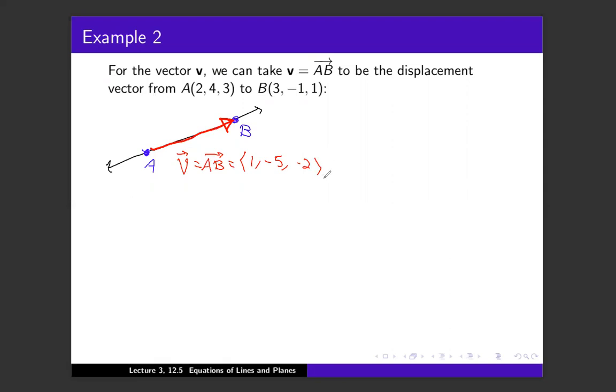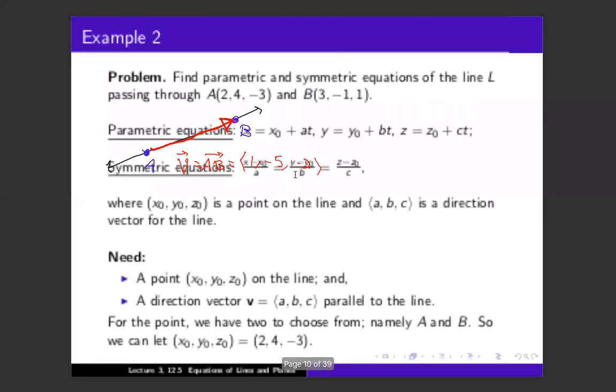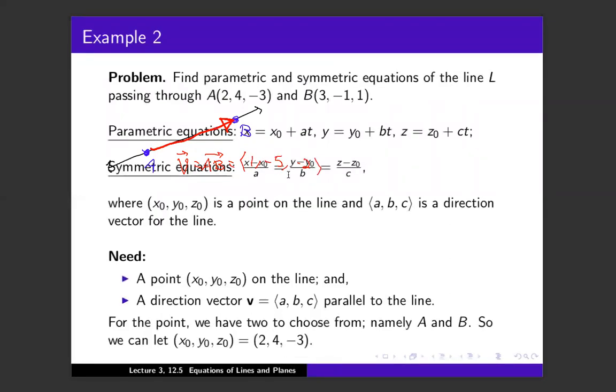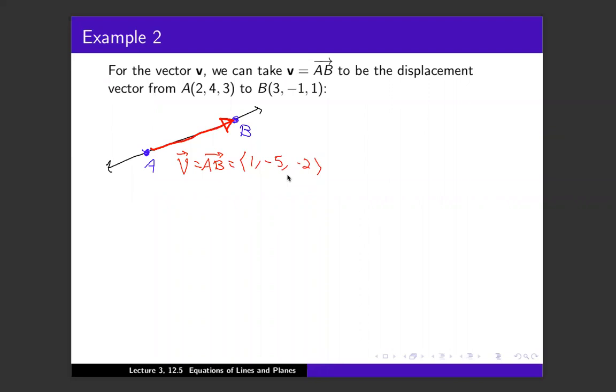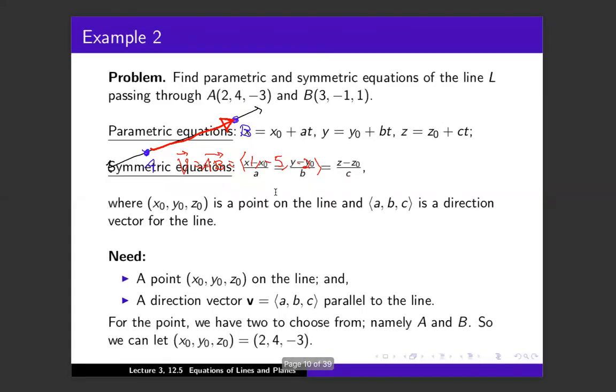And that's really about all that there is to it. Let me just double check something for a second. 3, 2, 4, -3. Aha! I see actually that I made a mistake here, which is that I put the wrong coordinate in here.